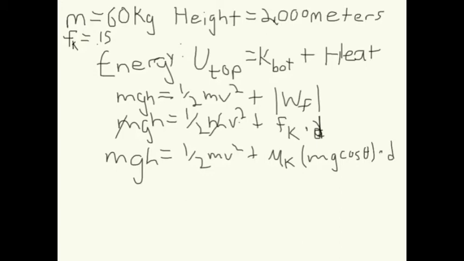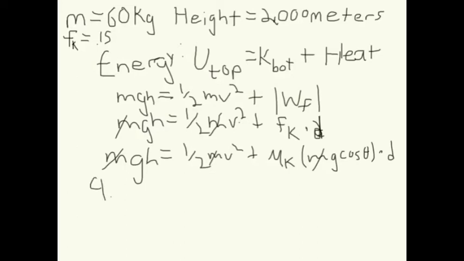So mg cosine theta times mu sub k can be substituted, set equal to the overall force of kinetic friction. And then we can cross out the m's, get rid of the masses as they are in every one. And from there, if you would like, we can solve it with actual numbers.